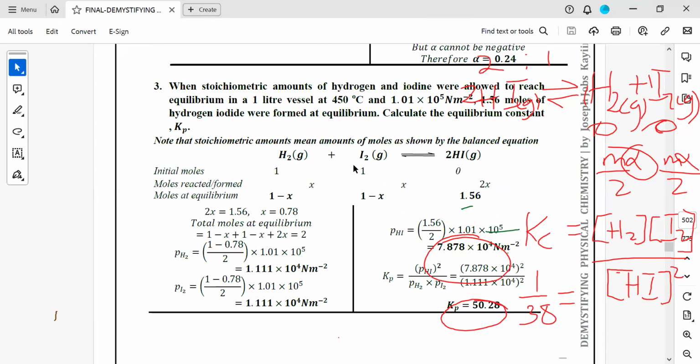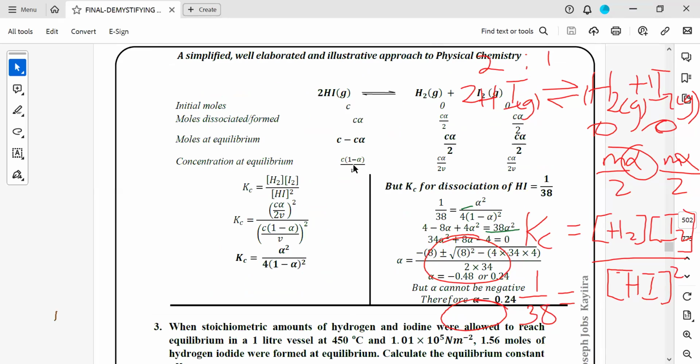So like, for example, what we have here, we have P as the initial number of moles and then 0 this side and that side. Then of course we have the degree of dissociation as P times alpha.